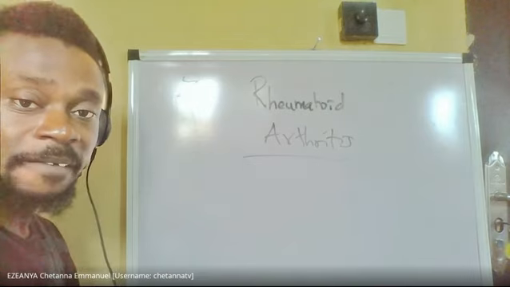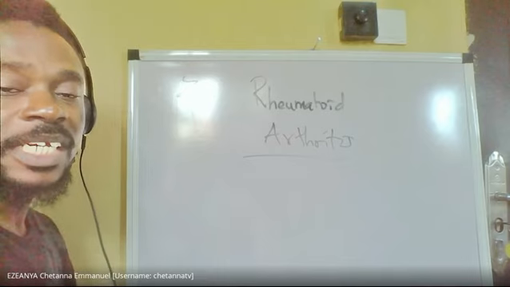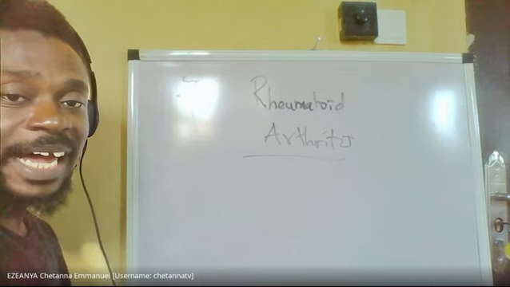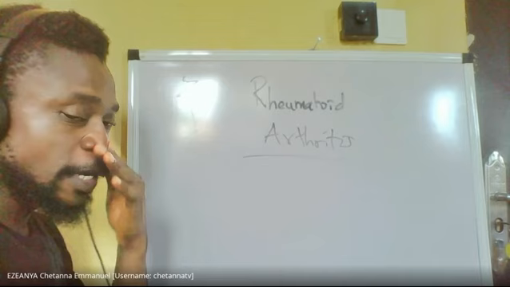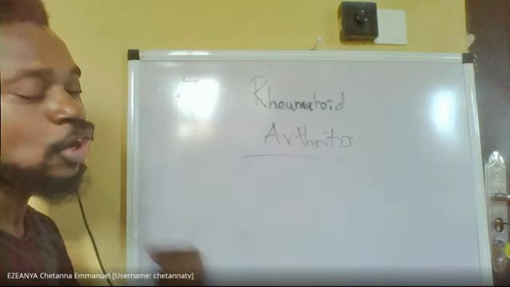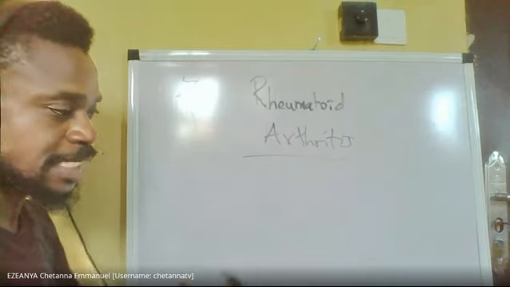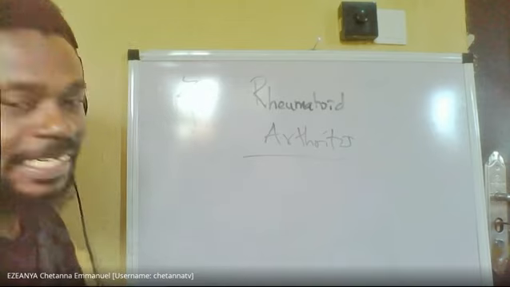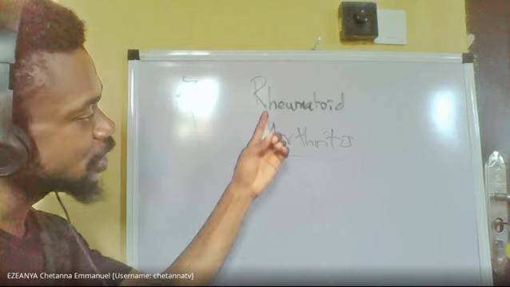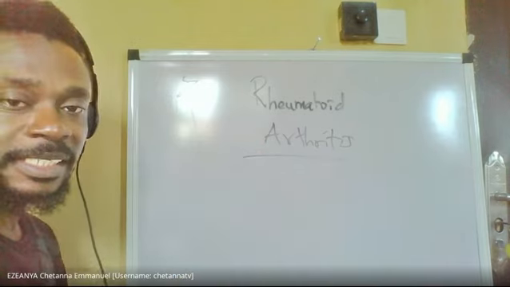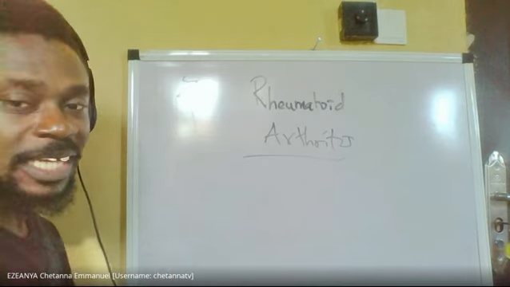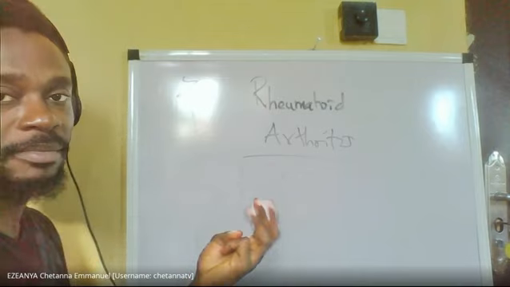It is an autoimmune disease: the immune system attacks a part of the body, and at the end it leads to rheumatoid arthritis. So it's a chronic systemic inflammatory disease. It affects the synovial joints.